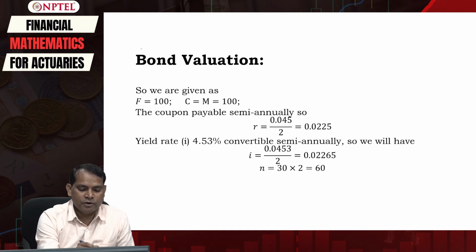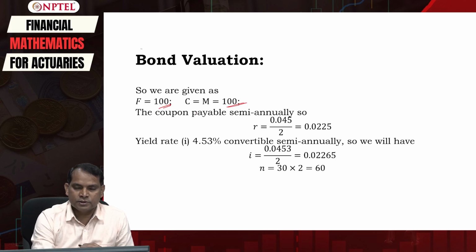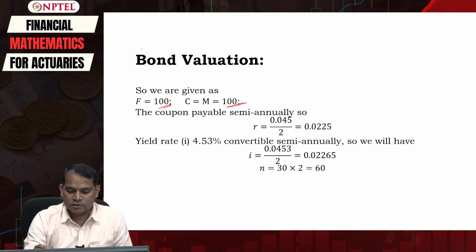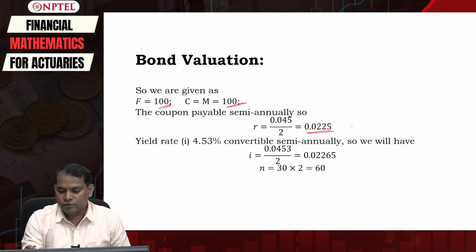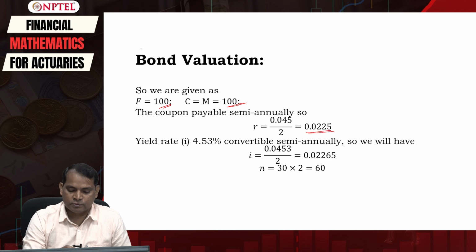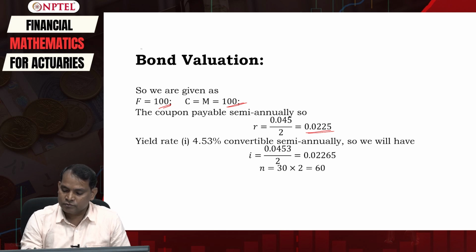So we are given F = 100 and the redemption value, that is C, which is also equal to M, equal to 100, and this tells us that C = F. The coupon is payable semi-annually, so as I have already mentioned, r, which is 4.5%, will be divided by 2, which gives us 0.0225, and the yield rate, 4.53% convertible semi-annually, again dividing by 2, gives us 0.02265.